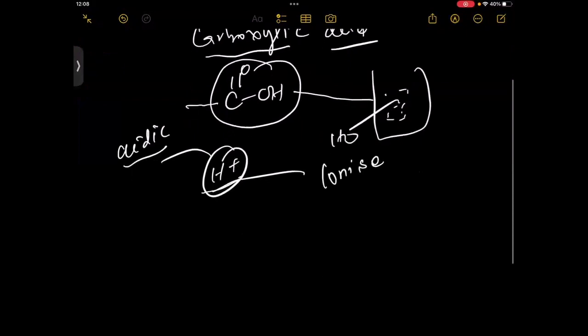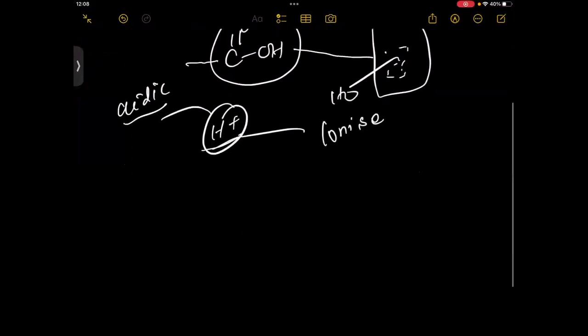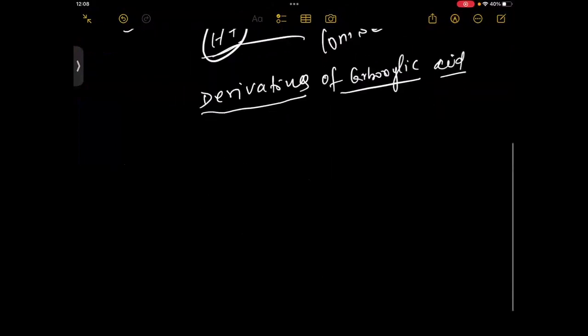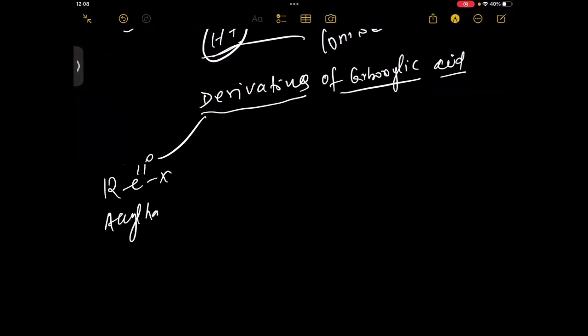Now we talk about the derivatives of carboxylic acid. What is the derivative of carboxylic acid, students? The first is R C double bond O X, which is called acyl halides.